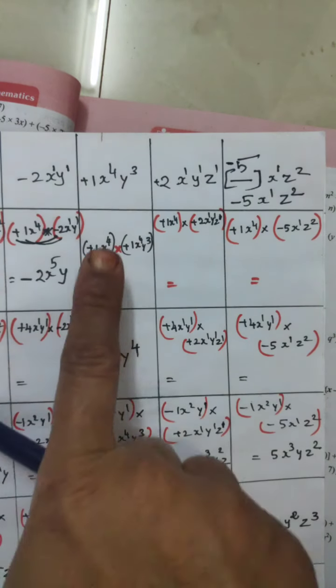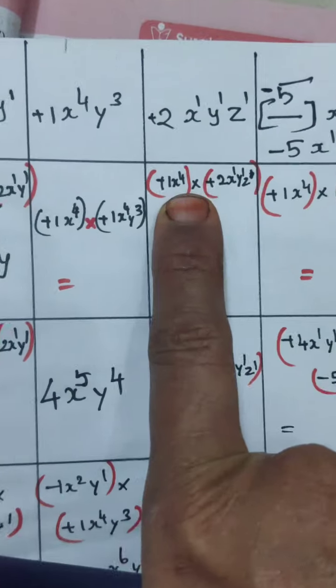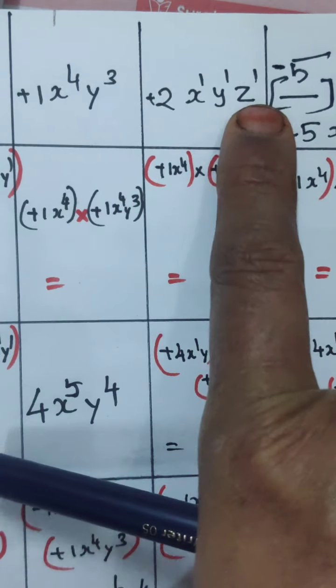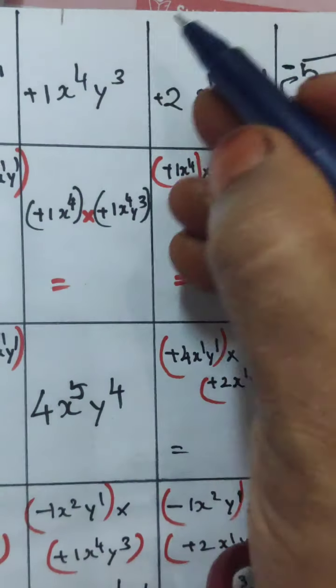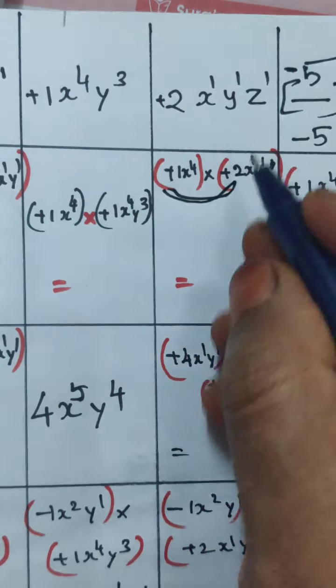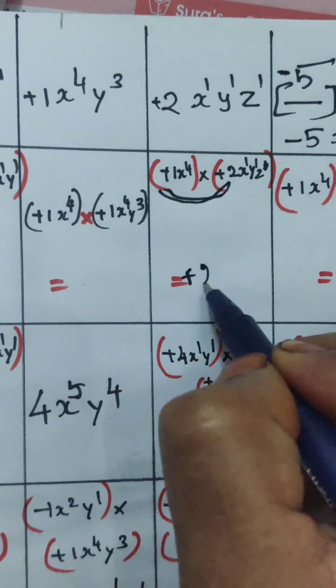First column, first number is plus 1 x power 4 into plus 2 x power 1 y power 1 z power 1. How to multiply these, see there. First multiply the signs: plus into plus is plus. 1 2s are 2.